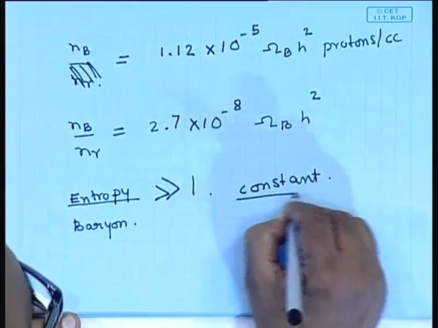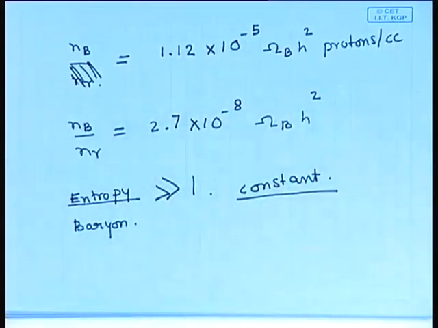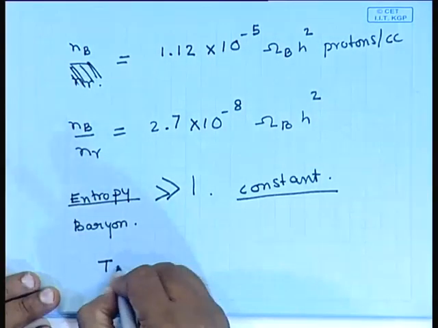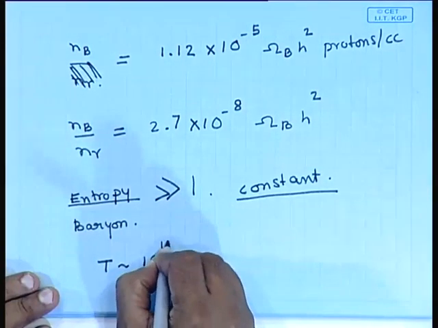The entropy is all in the radiation, and this number is a constant, as we have seen, all the way to a temperature of around 10 to the power 10 Kelvin.